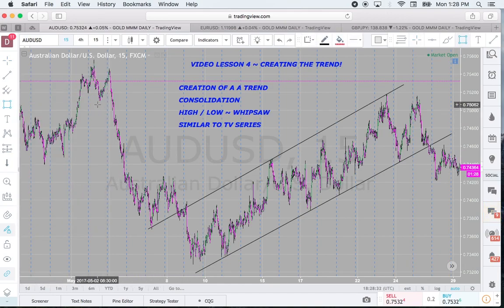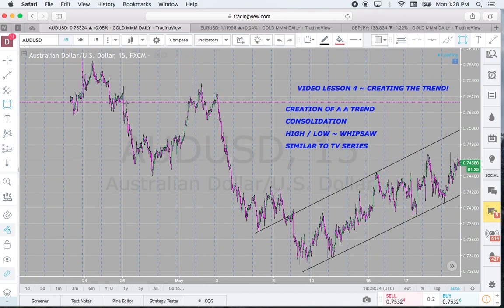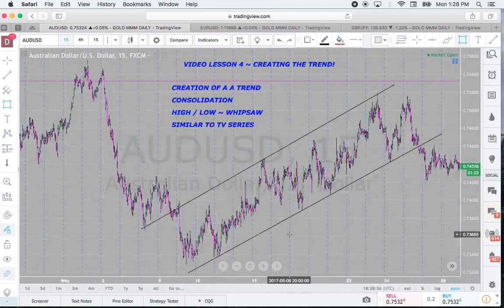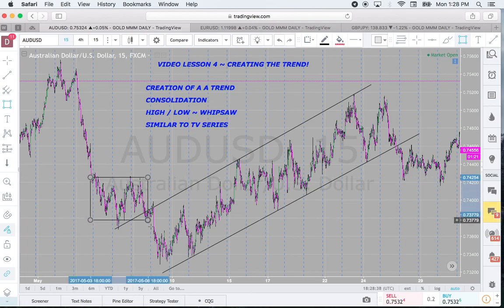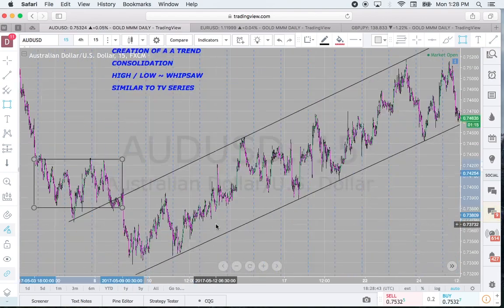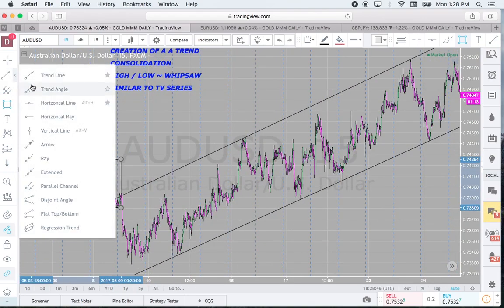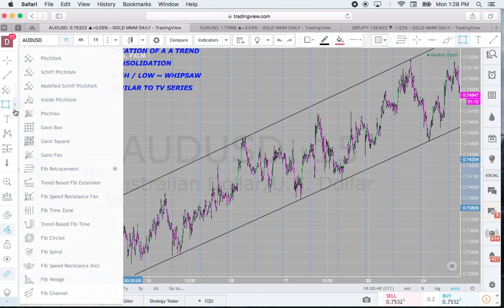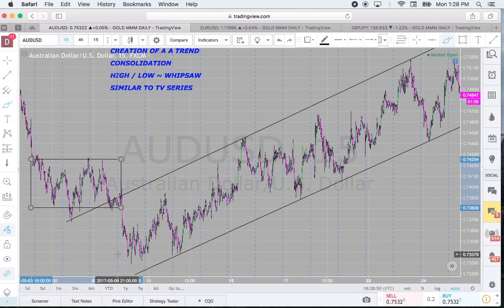We can see it was in somewhat of a downtrend here, and then there was that consolidation, and then it spiked to the low and created that W formation that we've talked about many times, or that macro perspective.